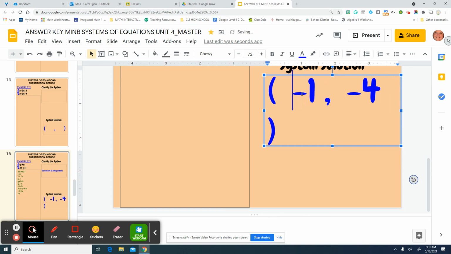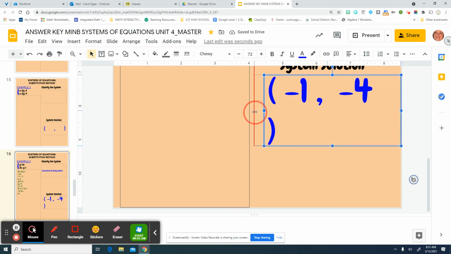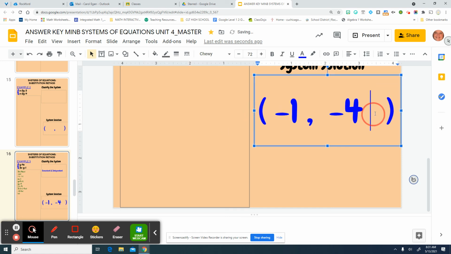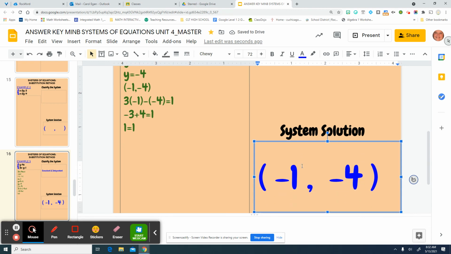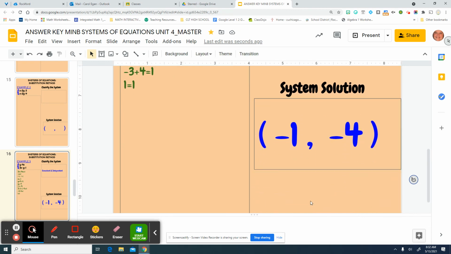Take away some of the spaces here. Okay. -1, -4, right here, same point. That's my solution. So that's how we do the substitution method.